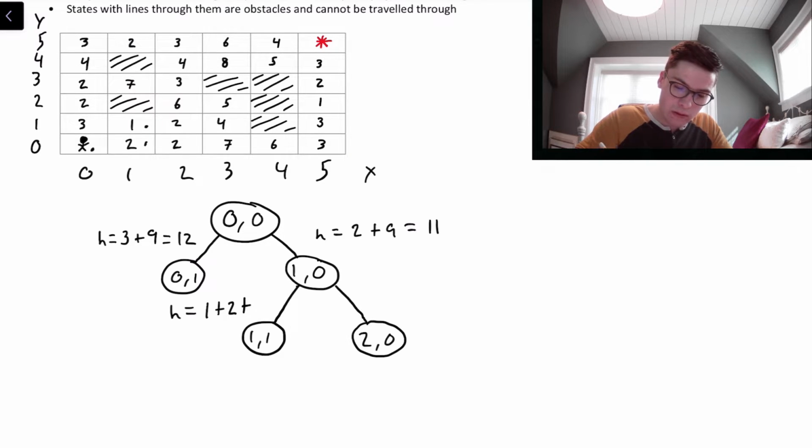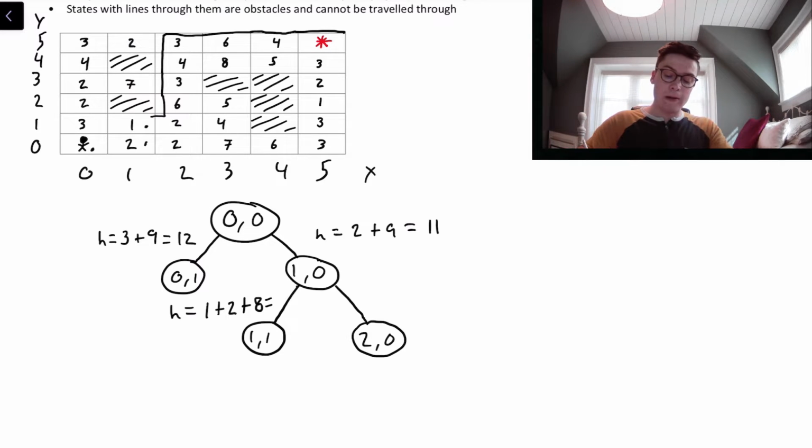Oops. 1, 2, 3, 4, 5, 6, 7, 8. I believe it's 8. We'll go with that for now. I'll change it if there's a mistake. So that gives us 11.